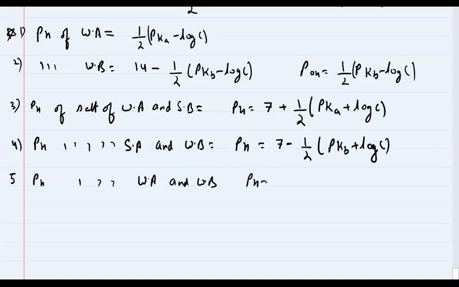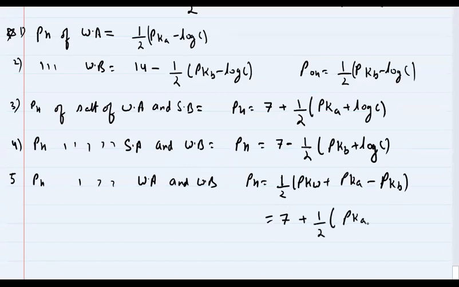So again, pH is equal to half pKw plus pKa minus pKb. So if you just divide it, it will be 7 plus half pKa minus pKb.